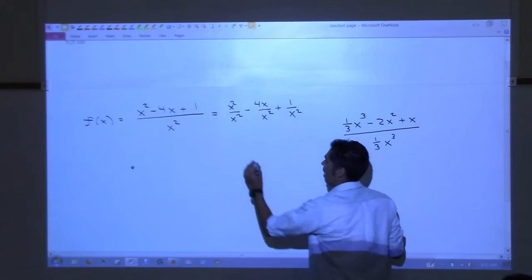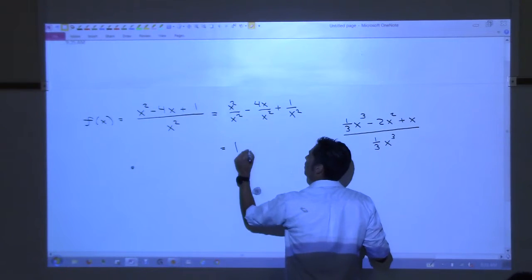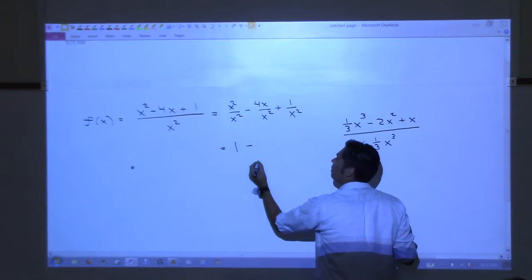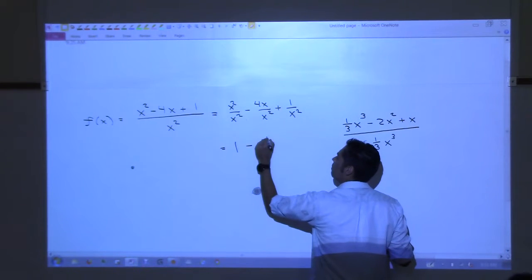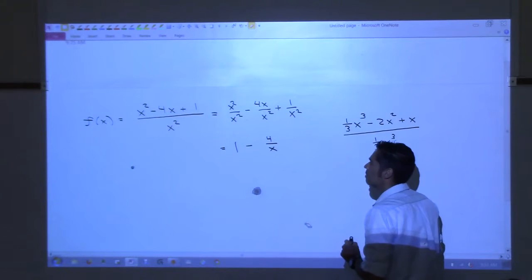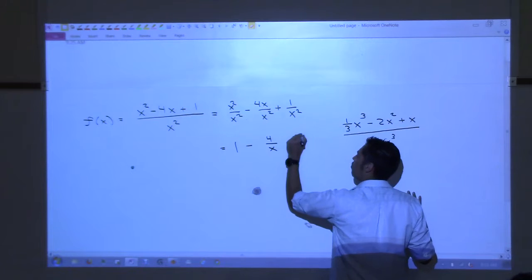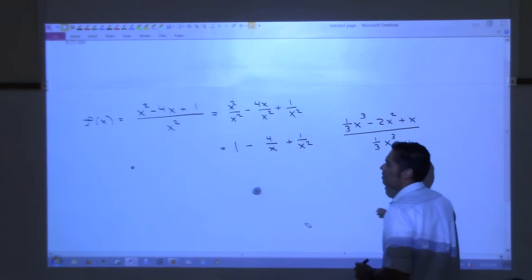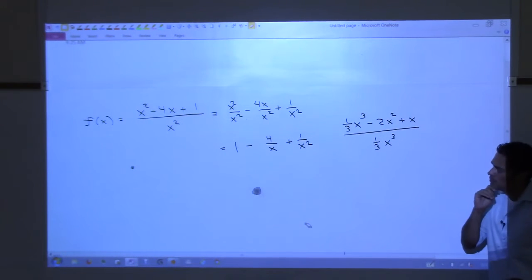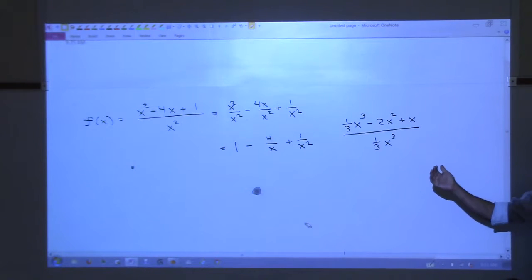Now let's simplify that. That's just 1 minus 4 over x, right? And then this last one is plus 1 over x squared. That's the same expression, isn't it?